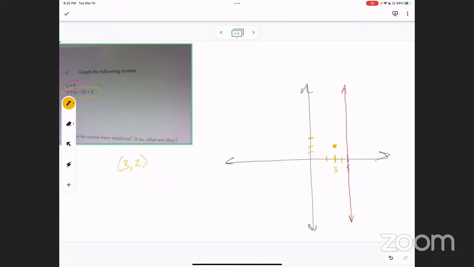Yeah. 4 and 3 or 2 and 3? 2 and 3. I'm sorry. Yeah, 2 and 3, 4 and 3. And then go over 2 up 4. Good. So we started at 2, right? So that's 2. That would be 6. Yeah, and then that one, no, 5 would be on the line.